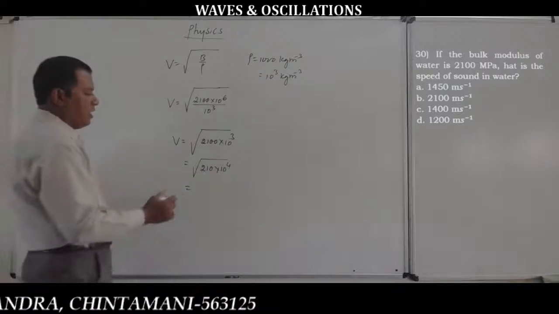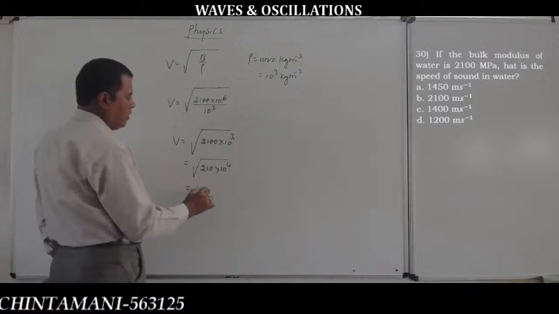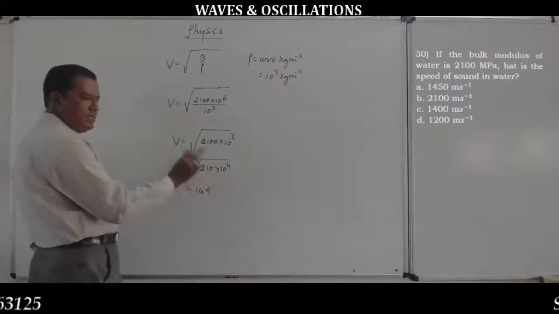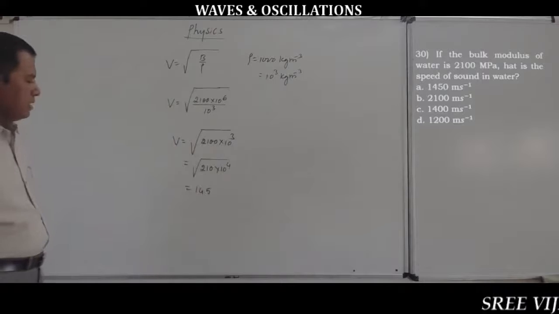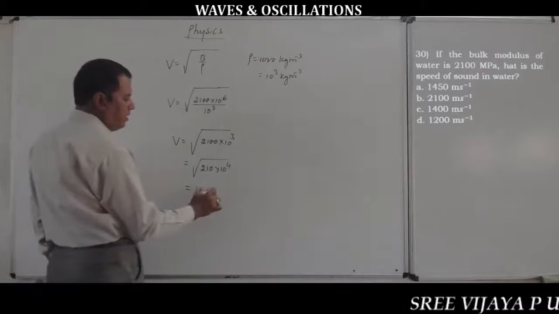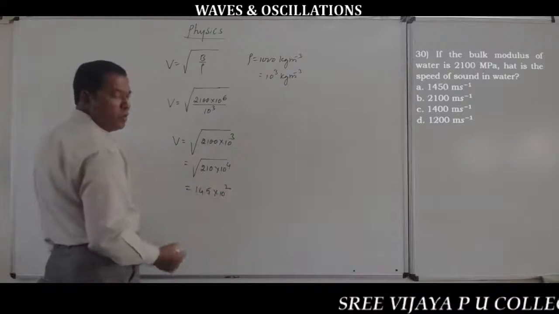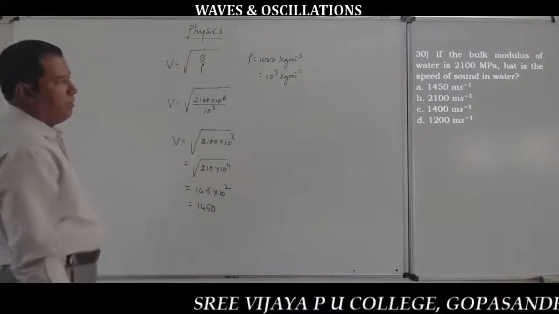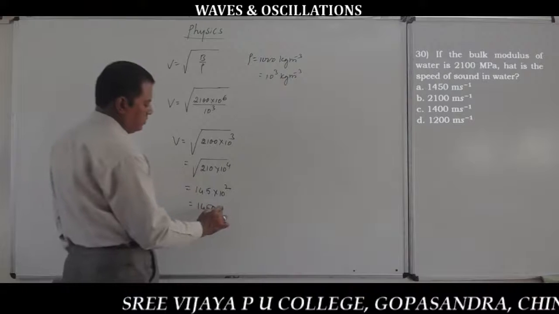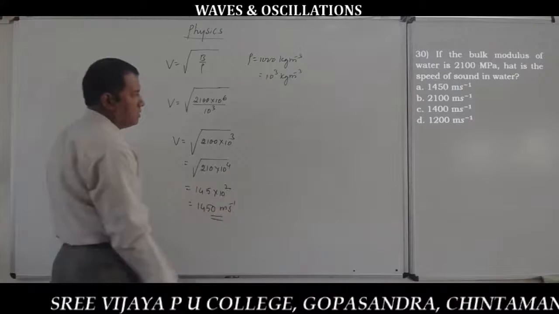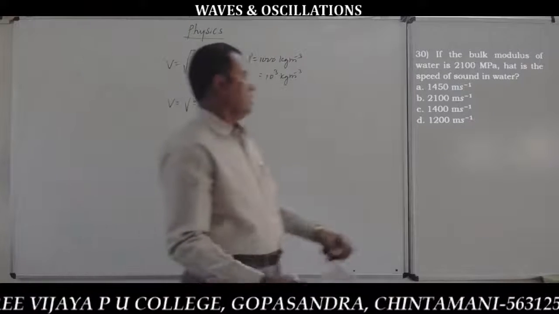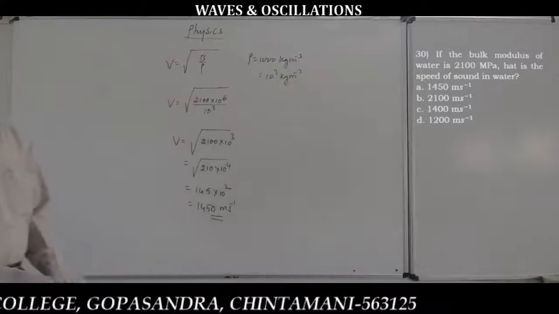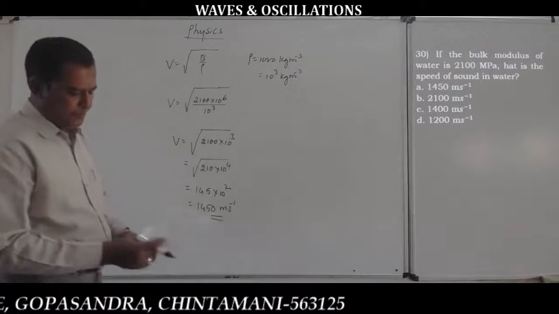Let me consider its value as around 14.5. Into root of 10 power 4, which is 10 power 2. Therefore, we get 1450 meter per second. So the correct option is A.